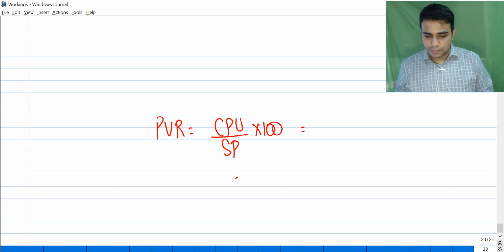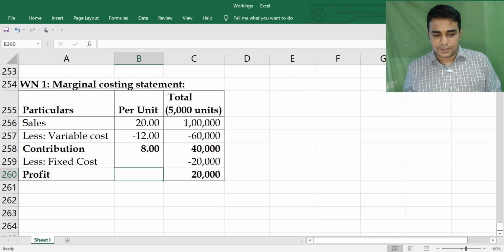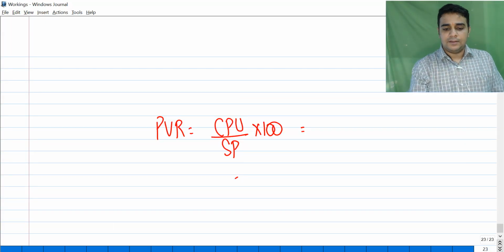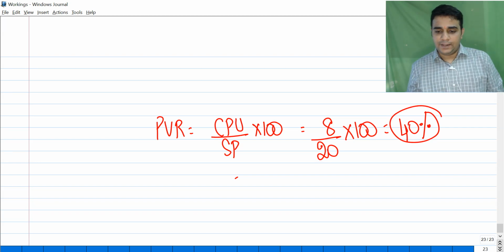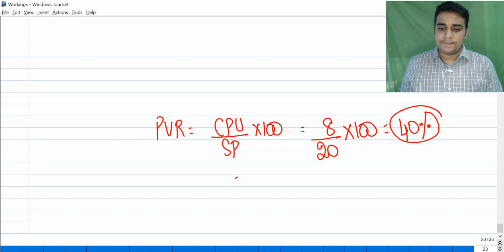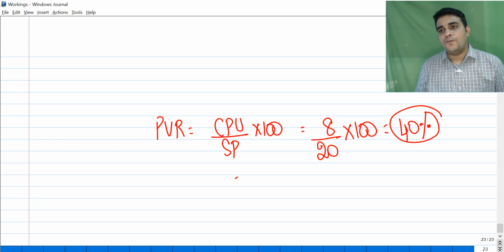PVR is equal to contribution per unit divided by selling price into 100. You can also use overall contribution. 8 by 20 into 100, 40%.